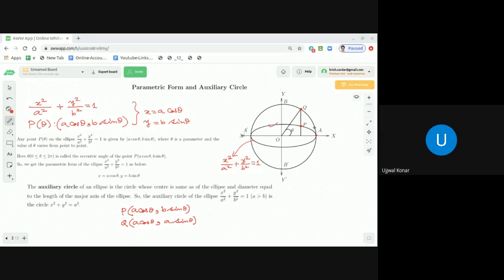So corresponding to the point P, a cos theta comma b sin theta on that ellipse, we get another point Q with coordinate a cos theta comma a sin theta on the auxiliary circle, and these are known as the corresponding points. Dear students, what is a corresponding point then? What we learned about the corresponding point is something like this.